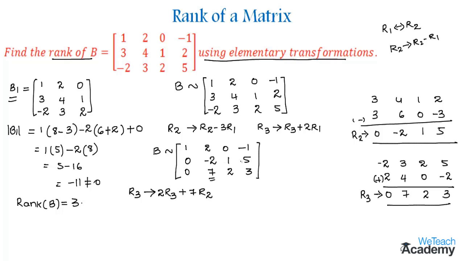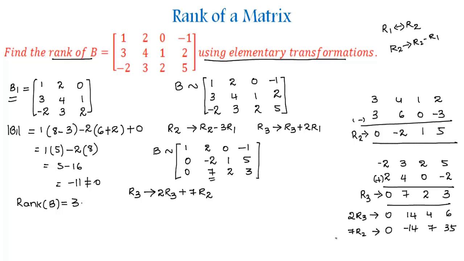So first let us write the elements of R3 by multiplying 2. So we get here 0, 14, then 2 into 2 is 4, and at last we get 6. And then the elements of 7R2 will be 0, then 7 into minus 2 is minus 14, and then we get here 7 into 1, which is 7, and at last 35.